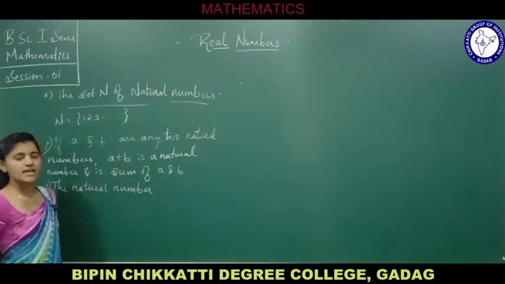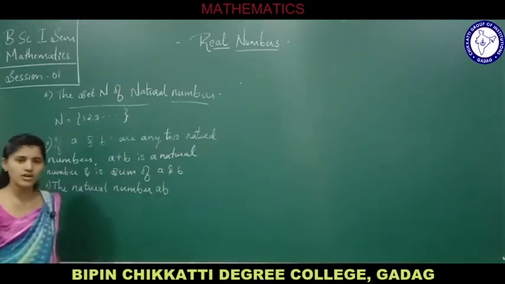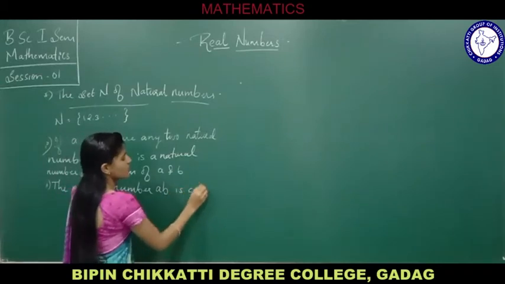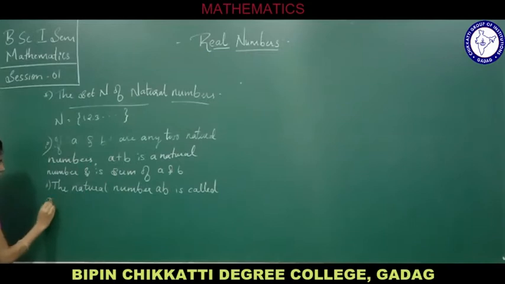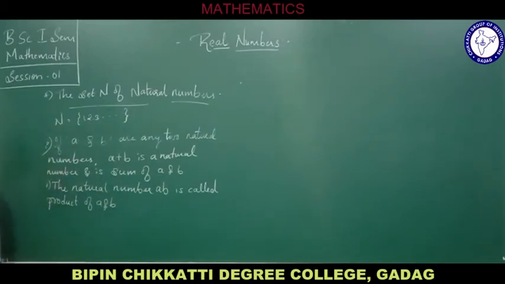It is the multiplication, the product A into B, and it is called the product of A and B.